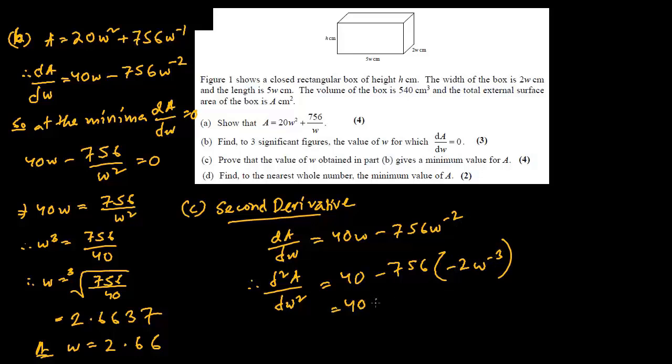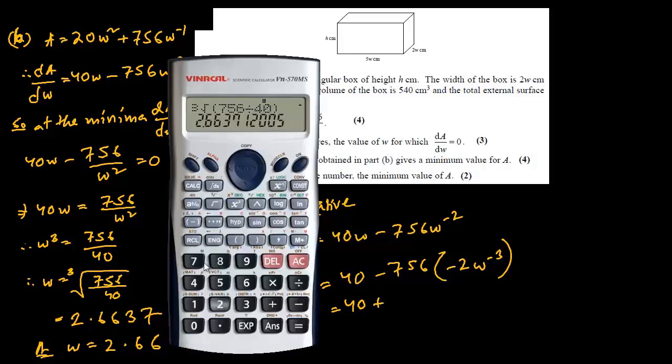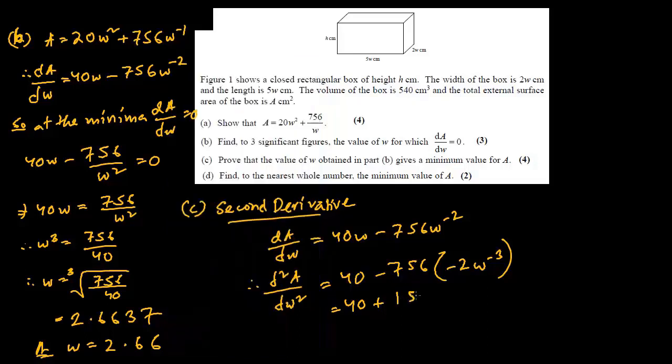So this is going to be 40 plus, minus into minus is plus, 756 multiplied by 2, which is 1512, and w to the power minus 3. It is easier for calculation if you bring it downstairs and make it positive. So we know the value of w cubed over here. We don't need the value of w exactly.